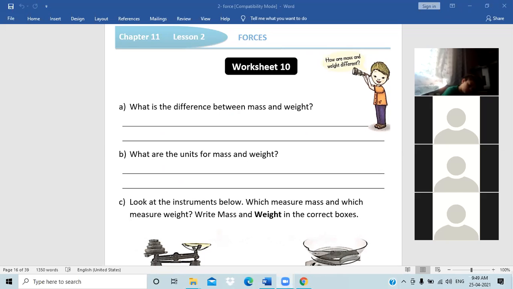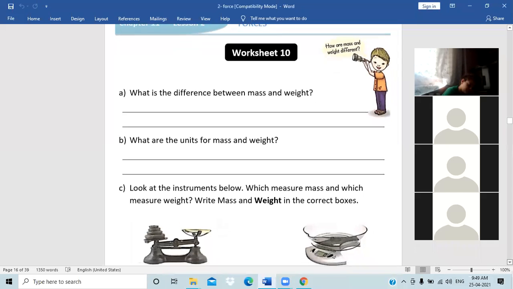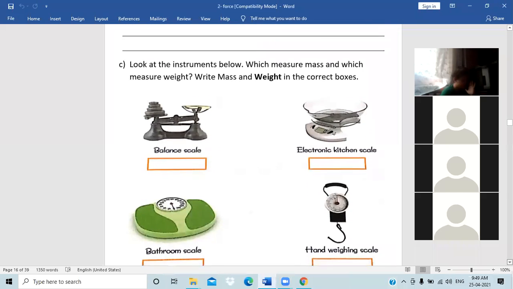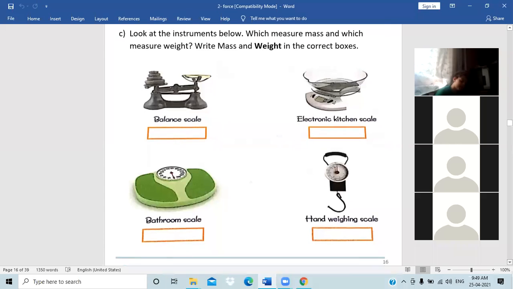The next question, guys, because some people are still getting confused in such questions. They give you several types of balances and they want you to identify whether this balance measures weight or whether it measures mass. Let me give you a rule of thumb, a very easy rule.